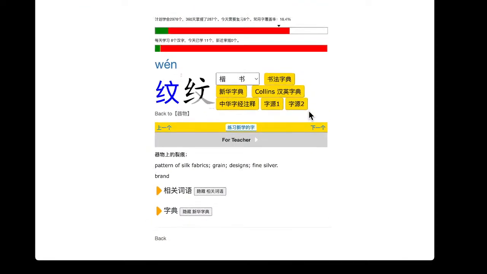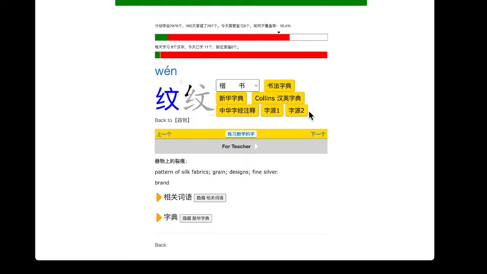Wen. This wen refers to the pattern of silk fabrics, grain, or designs.